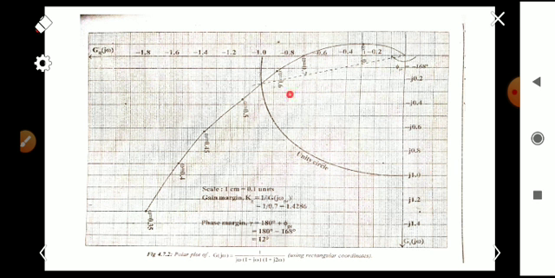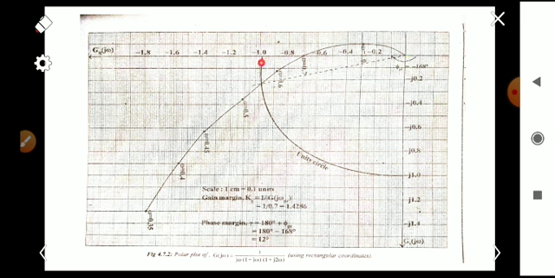Taking 1 as the radius, we can draw a circle using the compass, by placing the axis of the compass at 0.